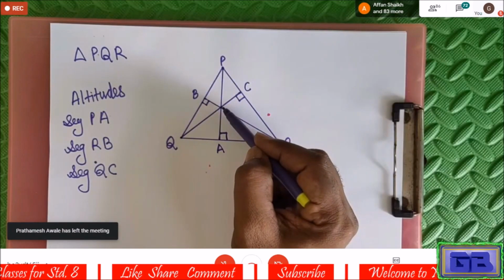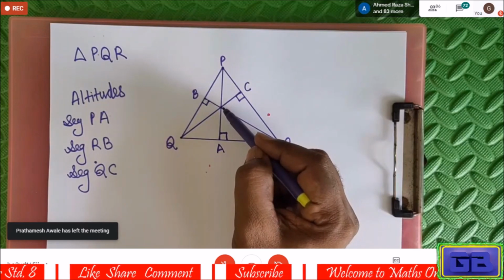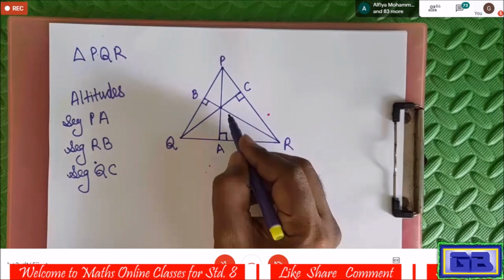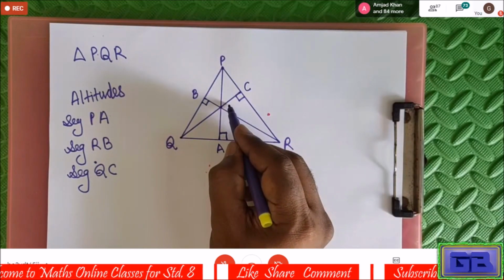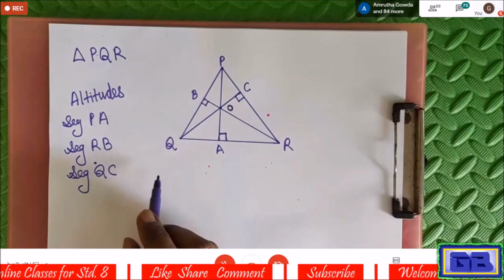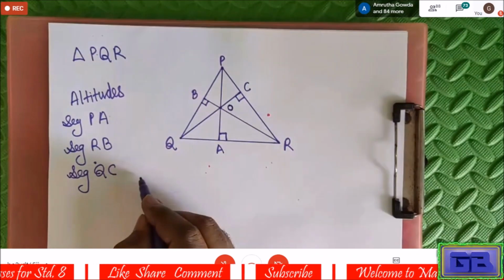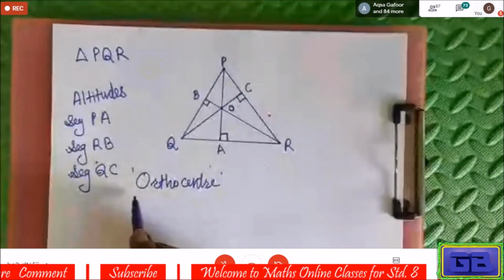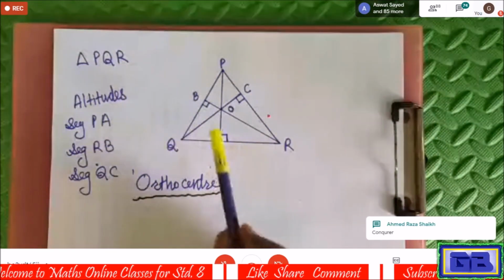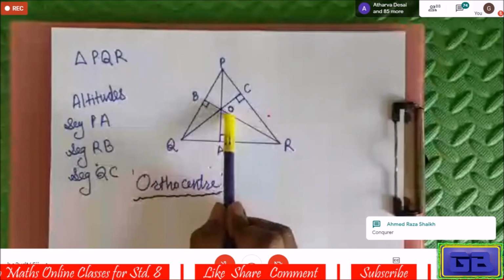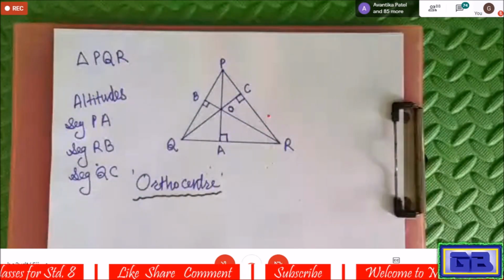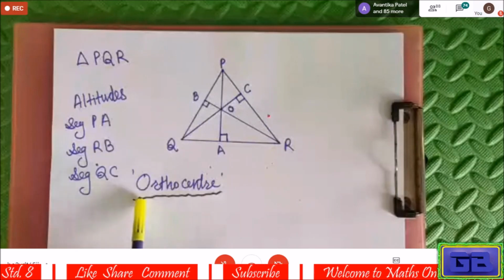That point is called the point of concurrence, and this point of concurrence is denoted by O, and it is called the orthocenter. Always you have to denote this center point by letter O, and you have to name it orthocenter.